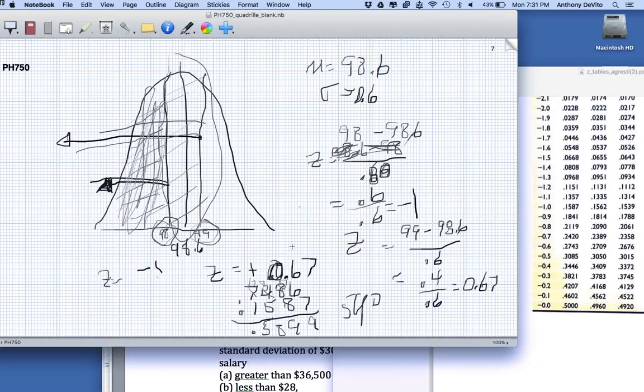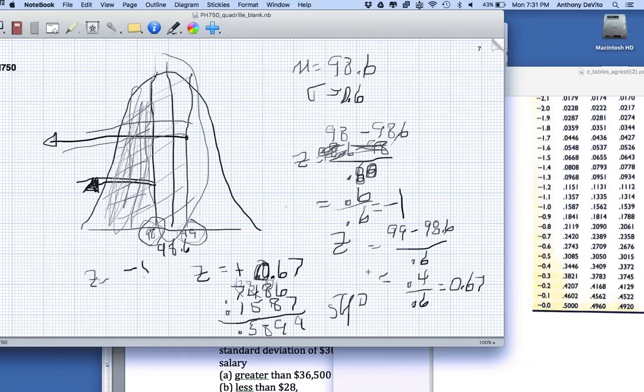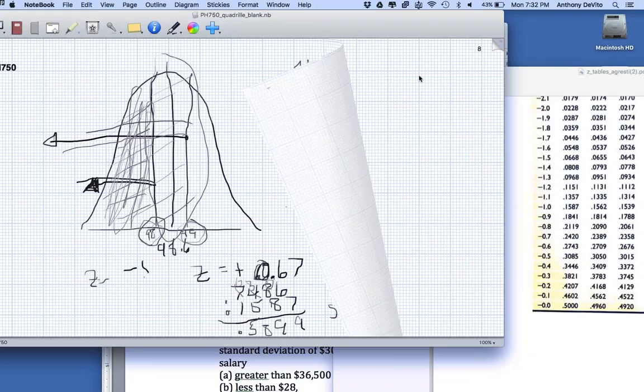Okay, so now I can use this another way too. What if I were to ask you what temperature represents the highest 10% of the temperatures in this population? Well, in that case, what I'm looking at is a situation like this.